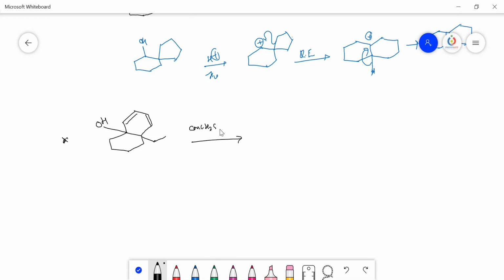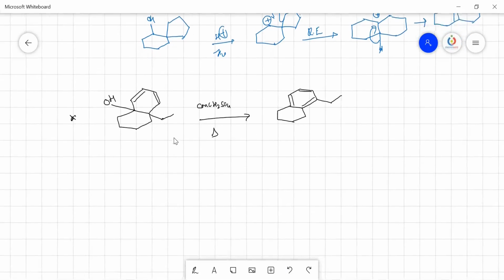Concentrated H2SO4. But if you see the previous examination question paper, you will get confused by this question, because there will be 3 similar options and you get confused. But I am giving only a single option here. So get the mechanism for this particular product.